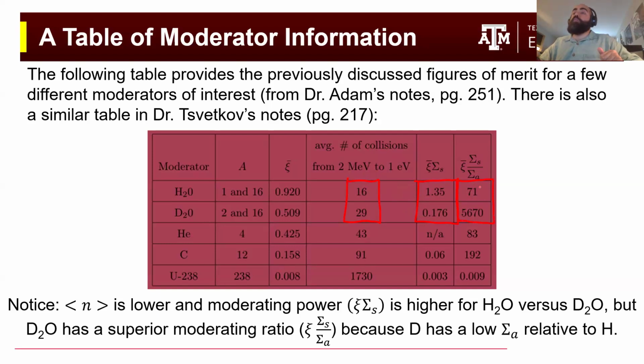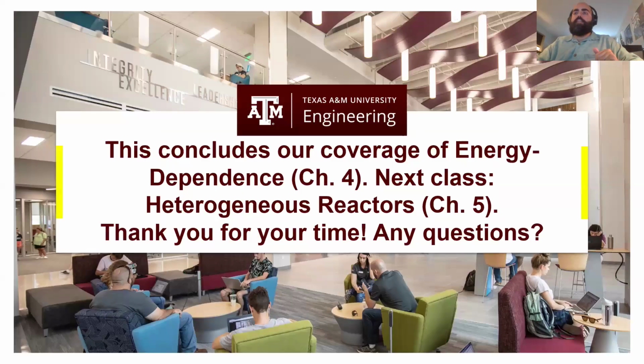And because absorption is a lot higher for hydrogen than it is for deuterium, deuterium ends up having a way better moderating ratio. So it's not all just worm and it's not all just the moderating power. We also need to think about the moderating ratio as well. And that is everything that I wanted us to say about energy dependence. So that basically gets us through the end of chapter 4.